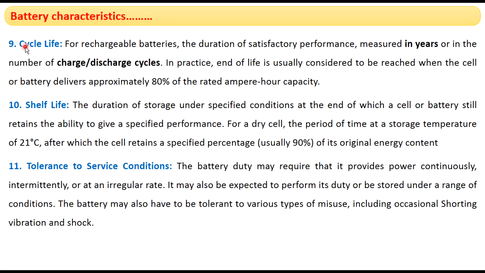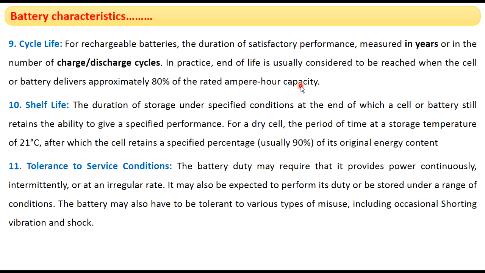Next characteristic is cycle life. So for a given battery, the cycle life should be high. Cycle life is the number of years or number of charge or discharge cycles for a battery until it produces 80% of its rated ampere hour capacity.